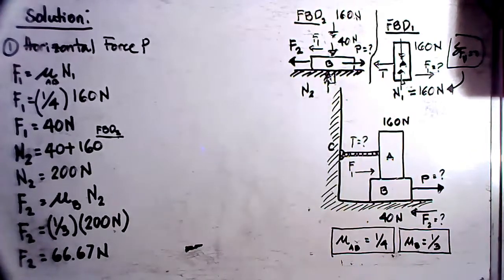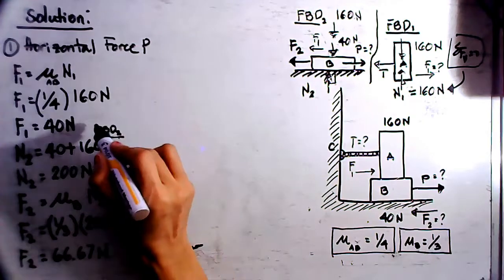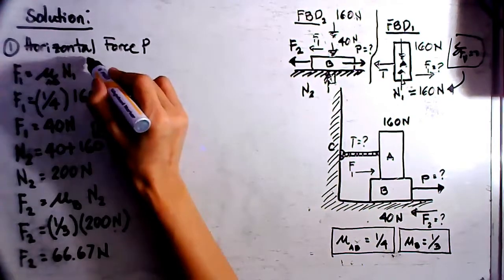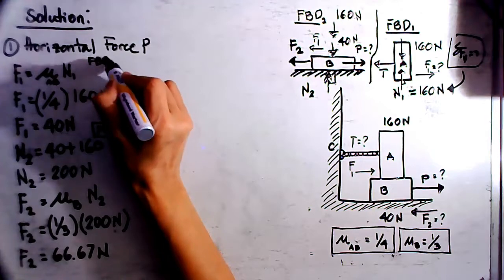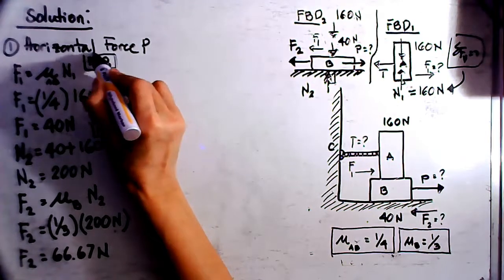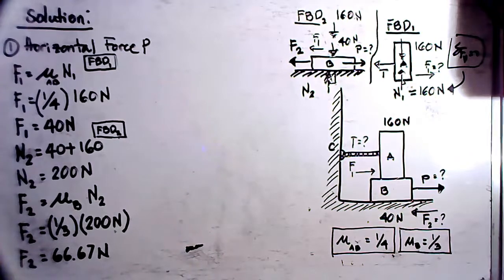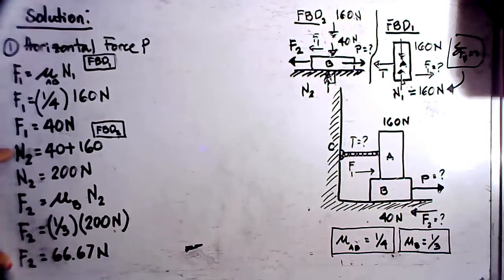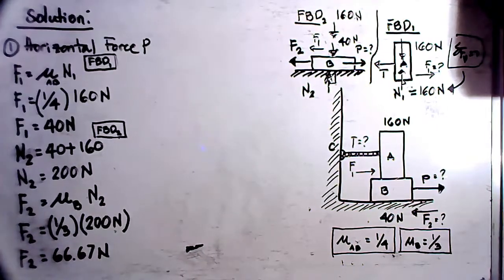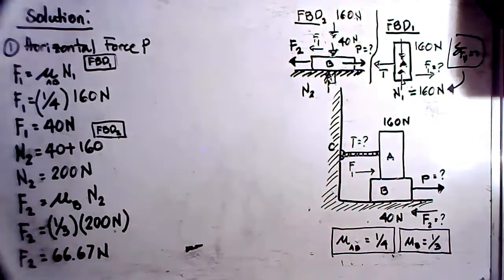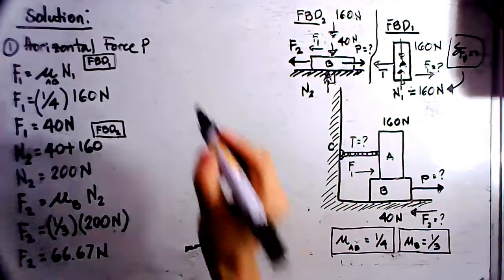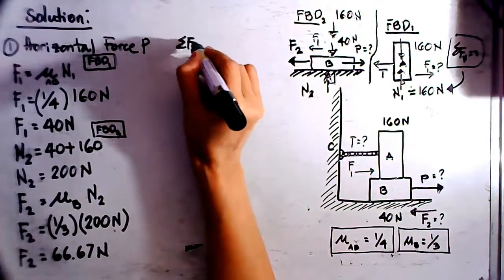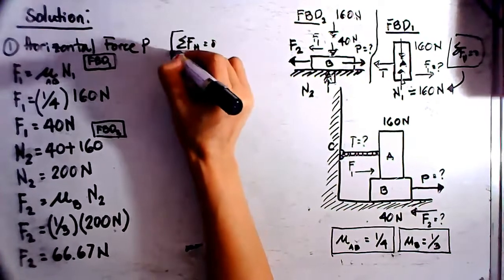Using the second free body diagram. By the way, so as not to be confused, the first free body diagram is for block A, while these computations use the free body diagram for the second block, block B. Once you have the value for F sub 2, using the second free body diagram, you just take the summation of horizontal forces equal to 0.